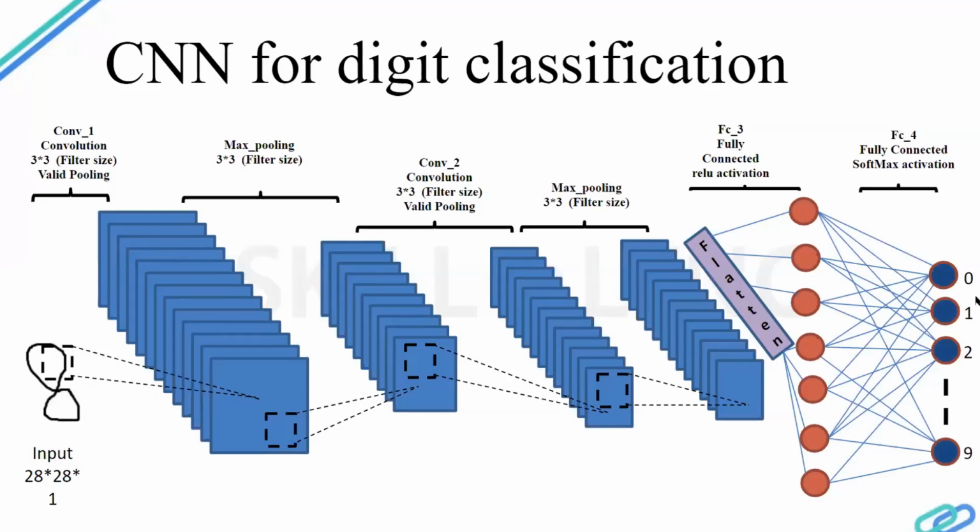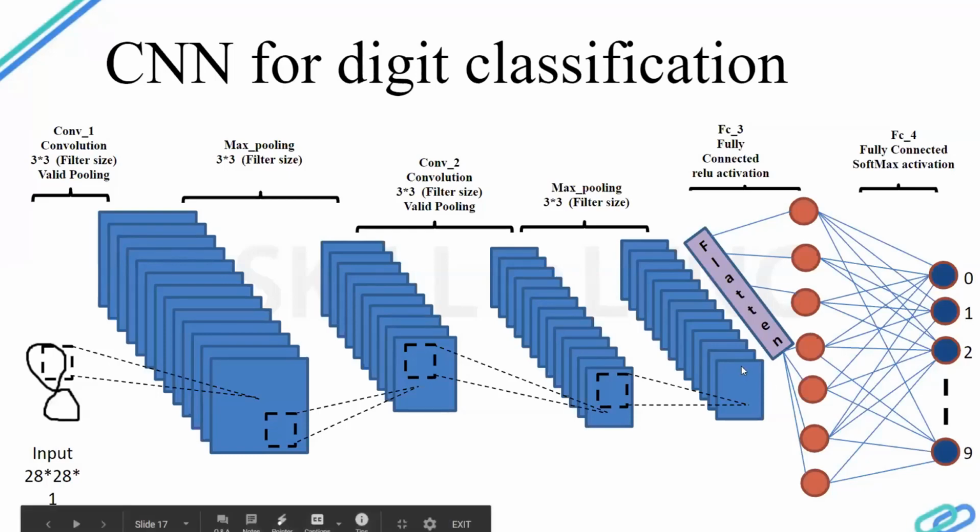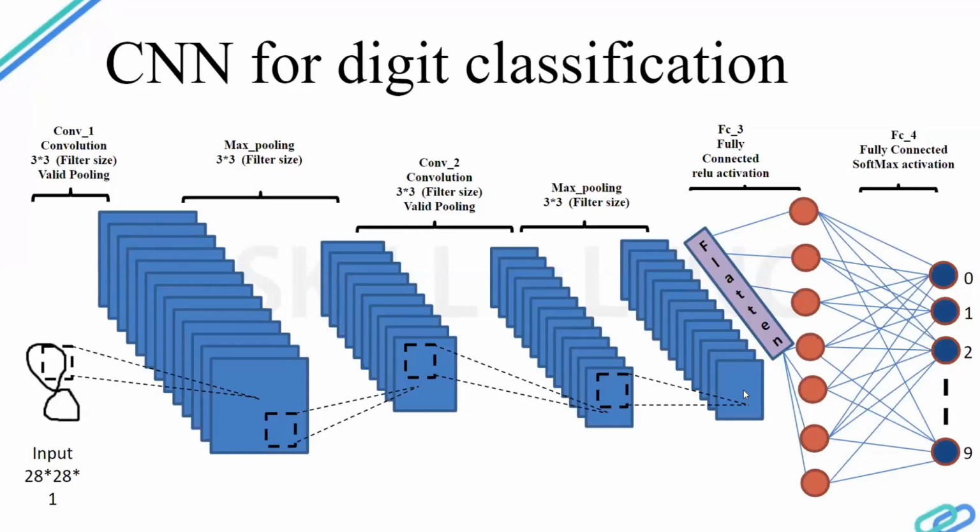But you can think, we are detecting only the digits, and for that a lot of computation is required. If we have to detect all the symbols available on the road, we have to train a lot of networks with those symbols, and that will require high computation in our vehicle.